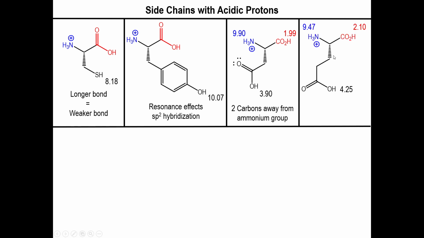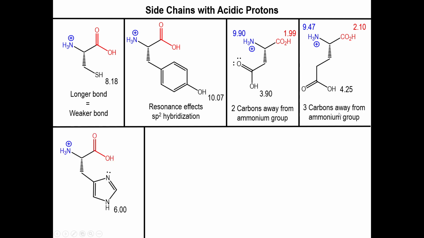And not only that, but if you extend the carboxylic acid chain by going from aspartic acid to glutamic acid, you see an increase in that pK because now you're further away from that ammonium group. And so the electron withdrawing effect is diminished.